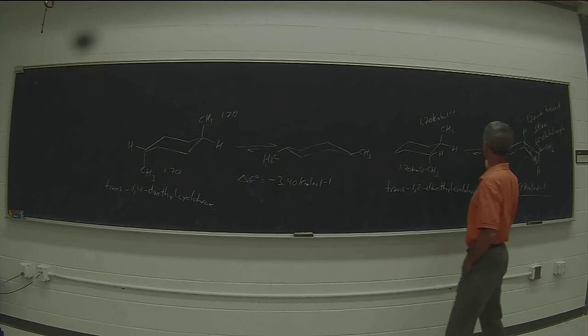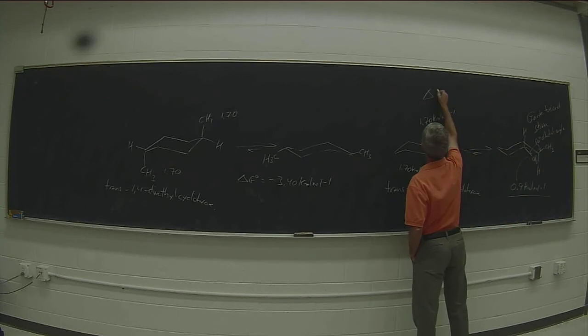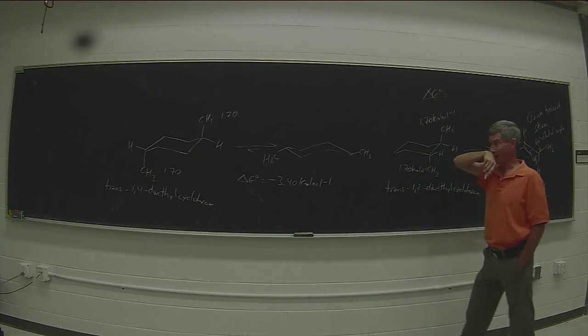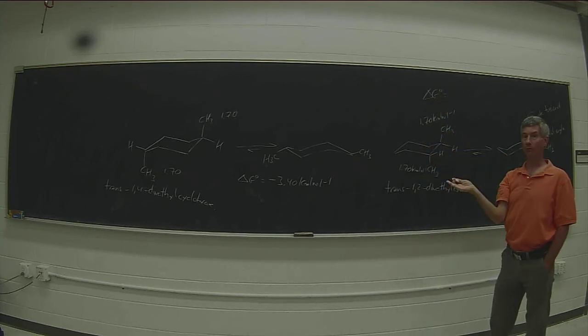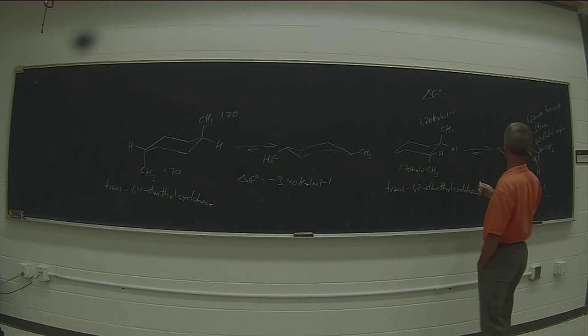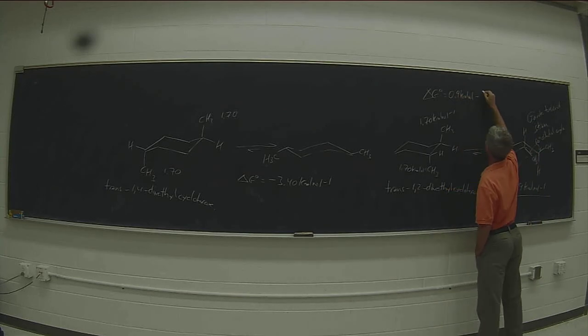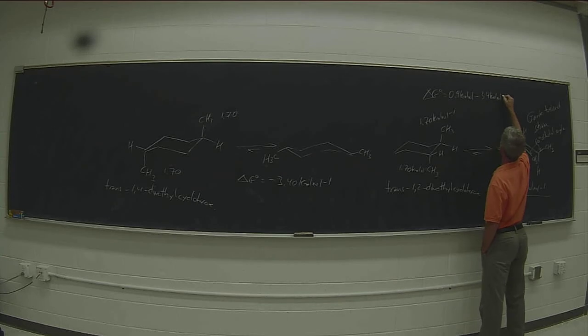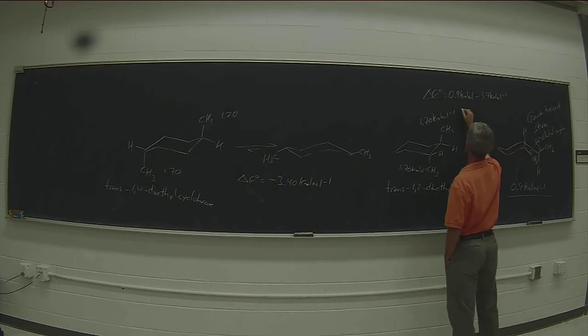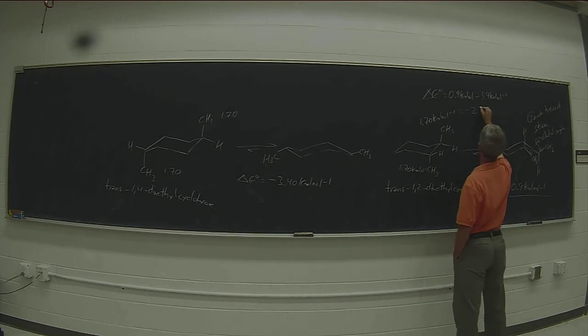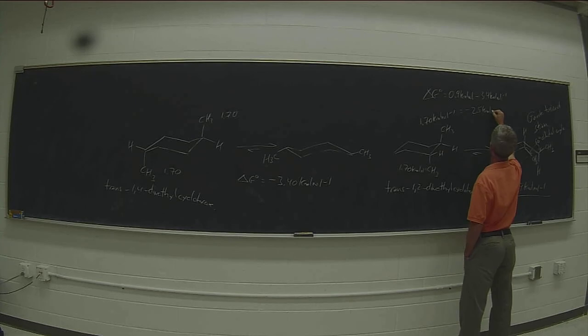So the difference between the two can be calculated the same way we calculated the 4-methyl 1-fluoro derivative as 0.9 kilocalories per mole minus 3.4 kilocalories per mole, or delta G0 is equal to minus 2.5 kilocalories per mole.